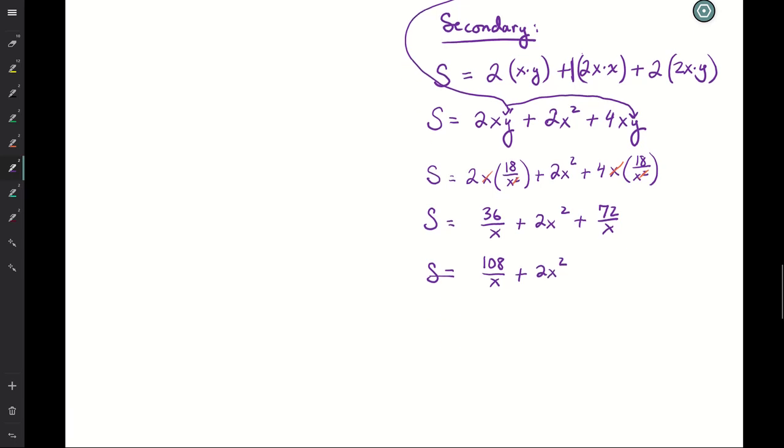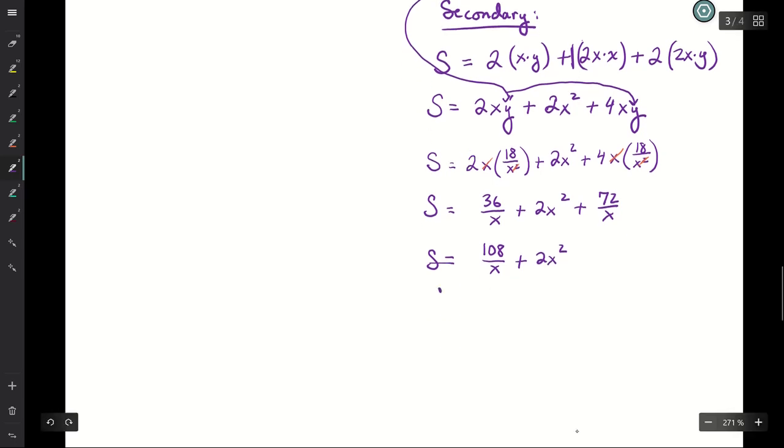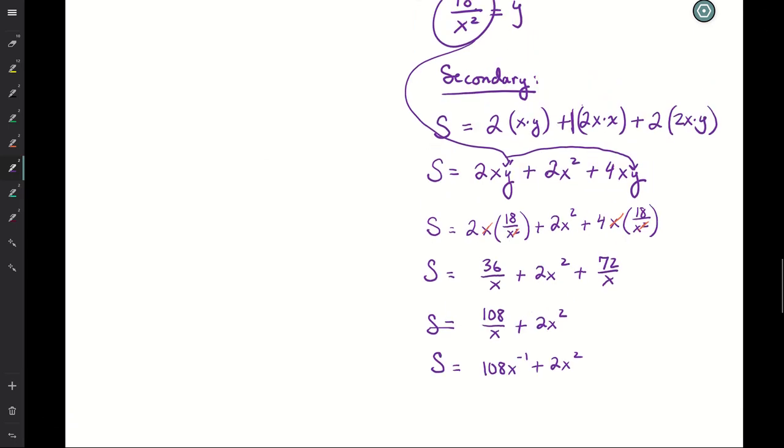Now what we want to do is make this as nice as it's going to be for taking a derivative. We notice that the 108 is over x, so we're going to write that as 108x to the negative 1, plus 2x squared. All right, let's hop on over to step 4, which is to find critical numbers within the region that we want.